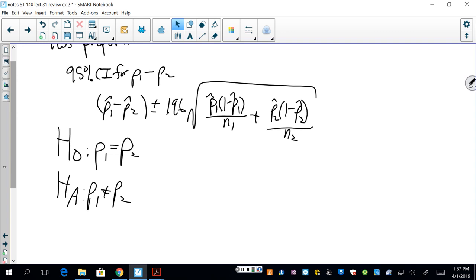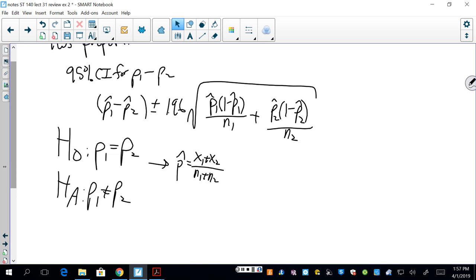You'd have to have two groups and then two proportions in there. In this, we calculate what would be our estimate of the proportion if this is really true: x1 plus x2 over n1 plus n2, the combined proportions.